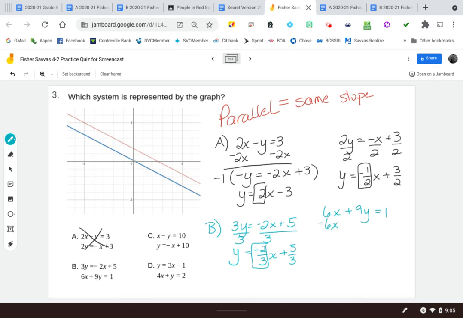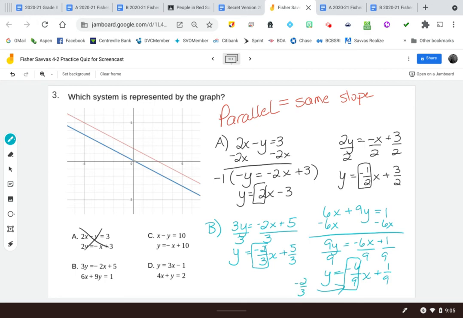You subtract 6x from both sides and end up with 9y equals -6x plus 1. From here, you divide every term by 9, and you'll have y equals -6/9 x plus 1/9. If I simplify that fraction, -6/9 is -2/3.